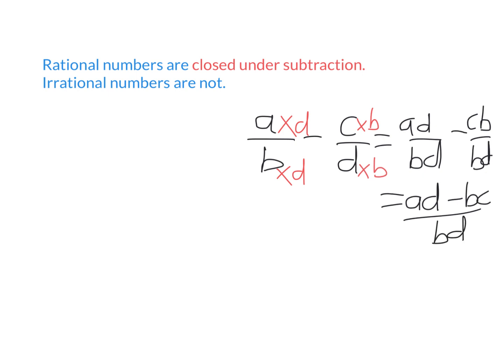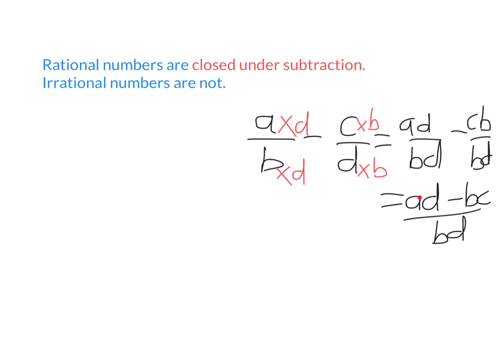So the idea here is that this number here must be rational. Why is that? If you multiply together two integers, you get another integer. If you subtract integers, you get another integer, because integers are also closed under both multiplication and subtraction.